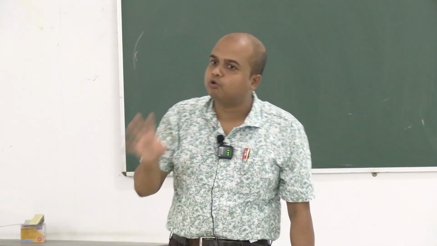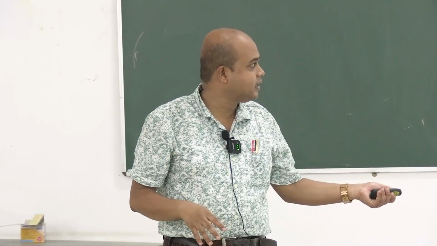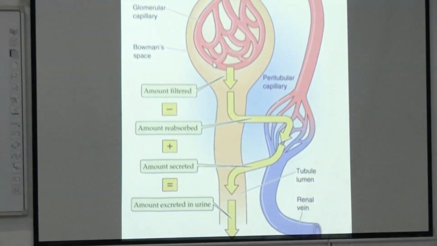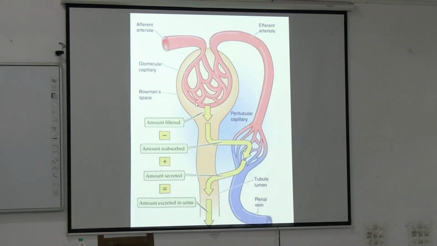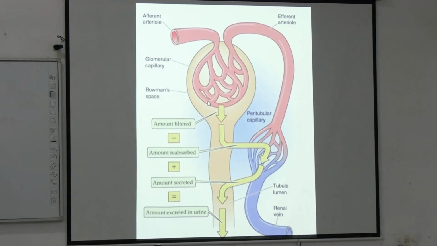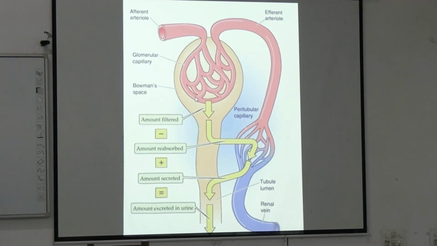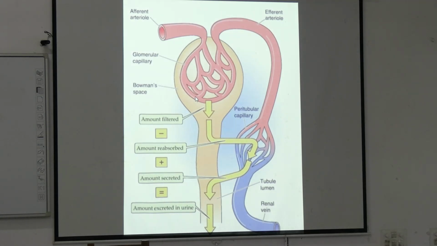Whatever is secreted will be part of the urine. So take any substance, say glucose. Does glucose appear in urine normally? No. We will discuss this next day, tubular reabsorption. But amount filtered minus amount reabsorbed plus amount secreted is the amount ultimately excreted.